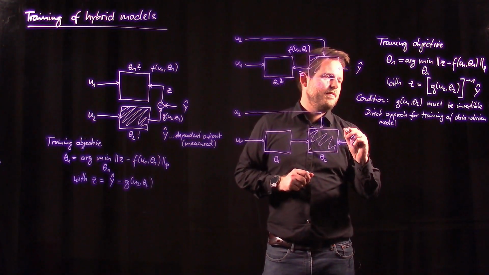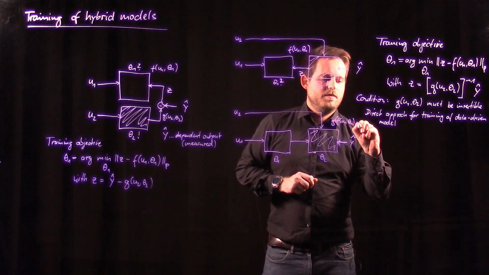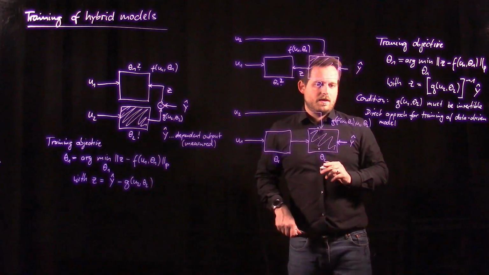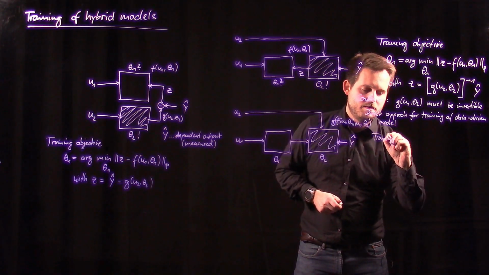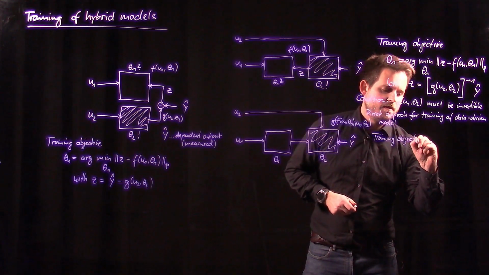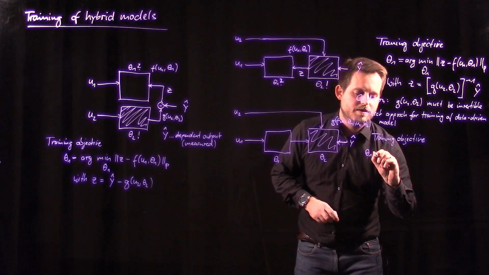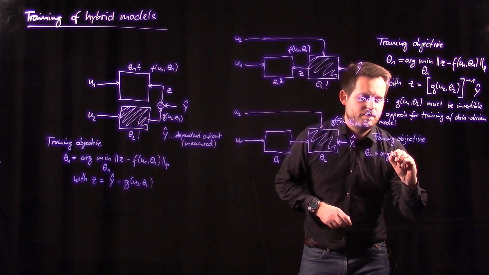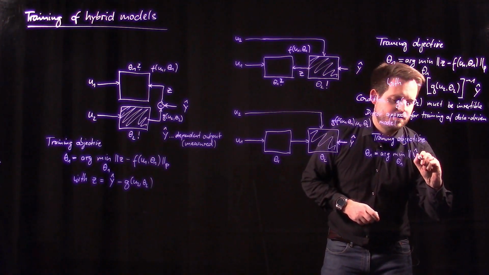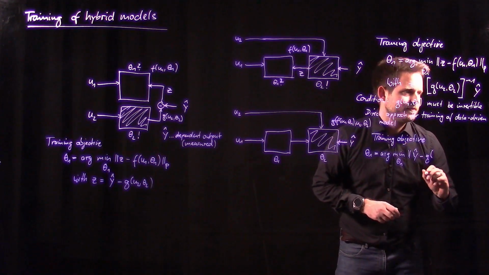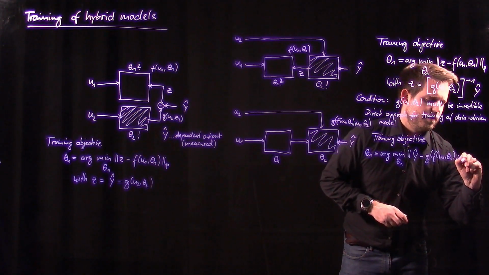You just say you have your output G from F from U1 and theta 1 and U2 and theta 2, and then say for the training objectives, that in the case you are just training theta 1, you would say theta 1 is equal to the arg min over theta 1 of the norm of my measured values minus G from F from U1 and theta 1, U2 and theta 2.